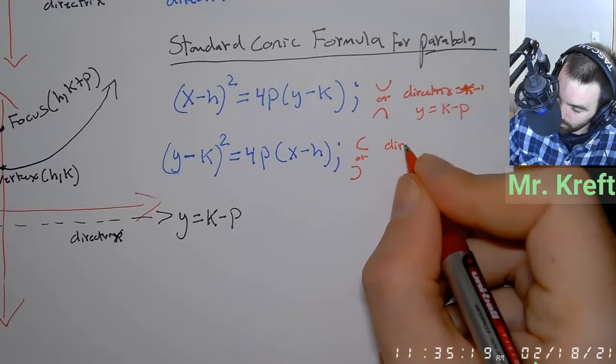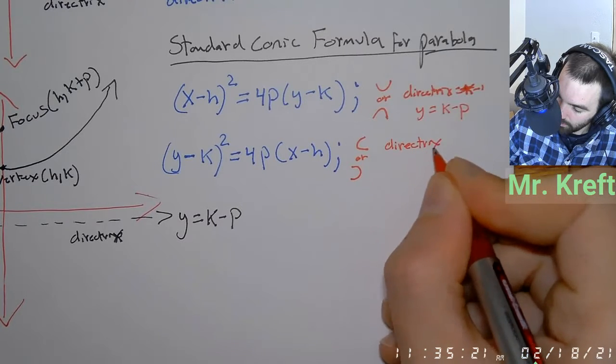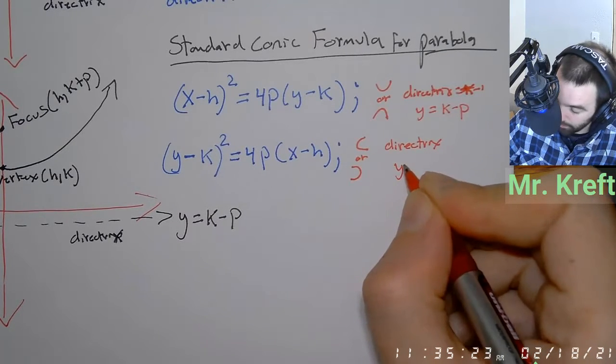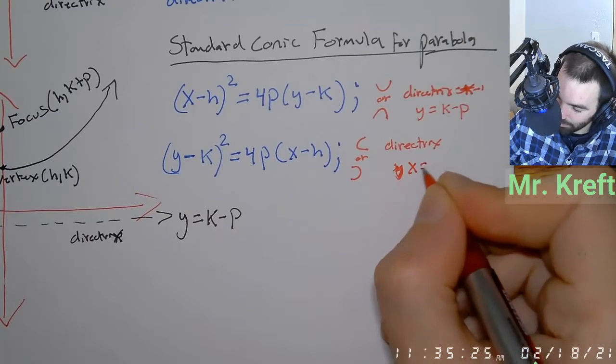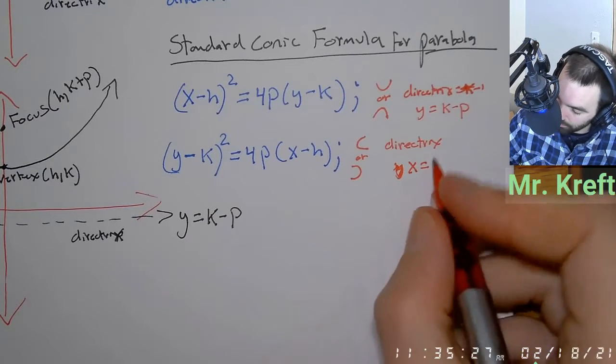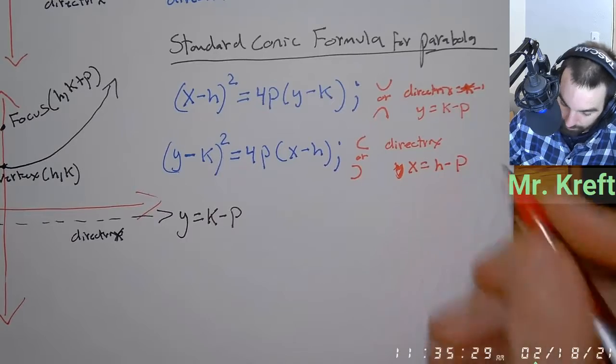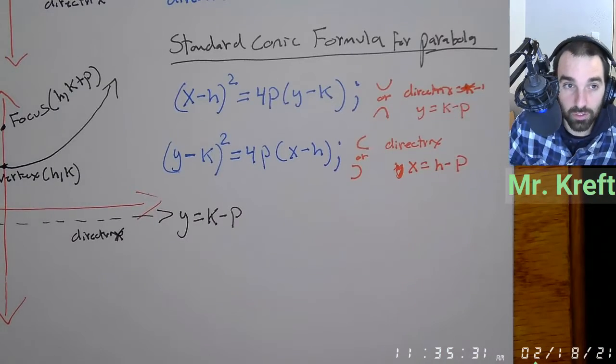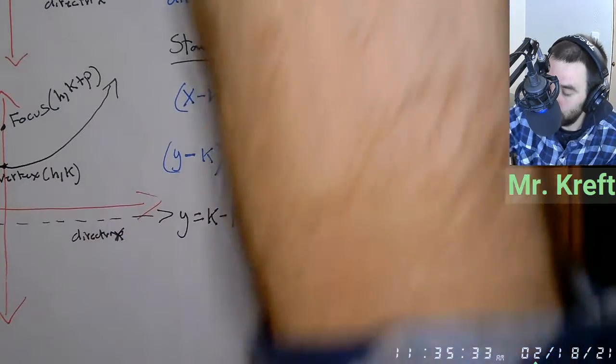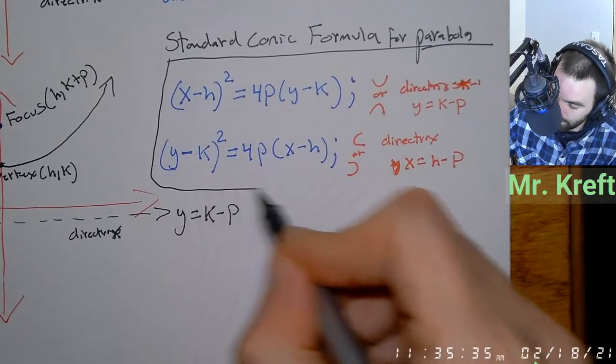And the directrix is going to be x, because it's going to be vertical: x equals h minus p. Okay, and I'll show you examples of these in just a little bit. But this is what you need to know, right?